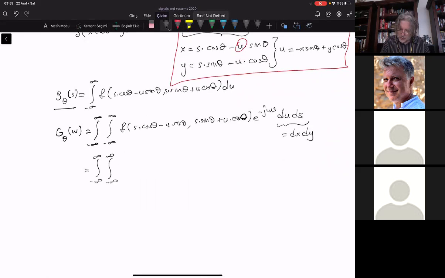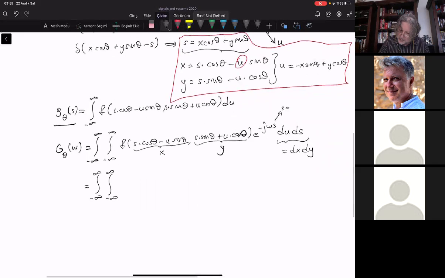And I'm going to see that this is x. It was x anyway, all along, and this was y. The only thing that I have to take into account is I have to substitute s is equal to x cosine theta plus y sine theta. That substitution is what I need to write.